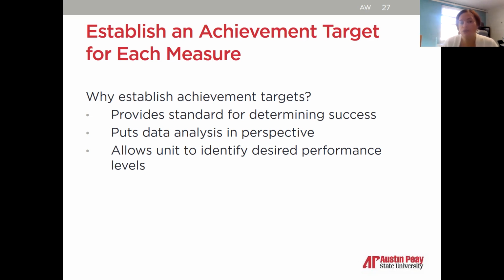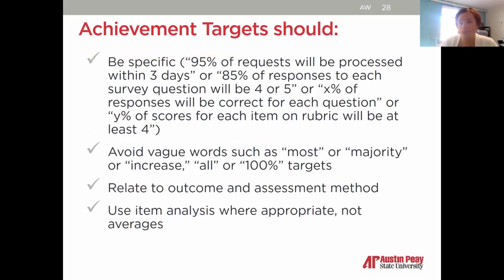Essentially, when you're thinking about targets, they're usually something quantitative. So it's a number. You want to do 85%, or you want to do 4 out of 5, or your turnaround time is 24 hours, or whatever that number is.